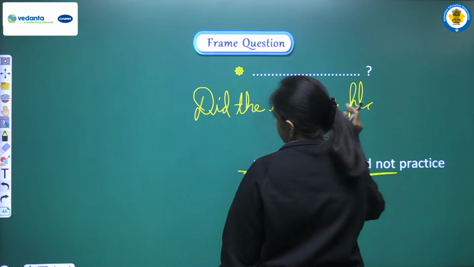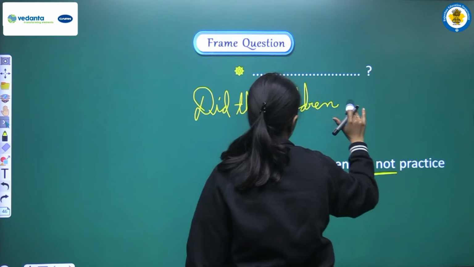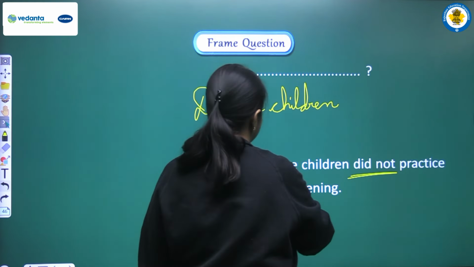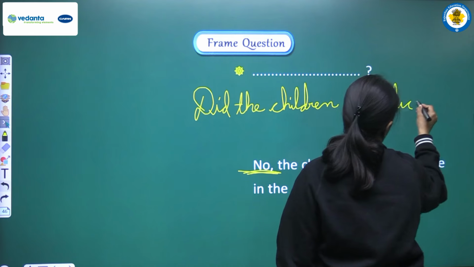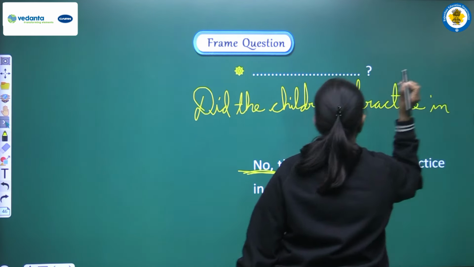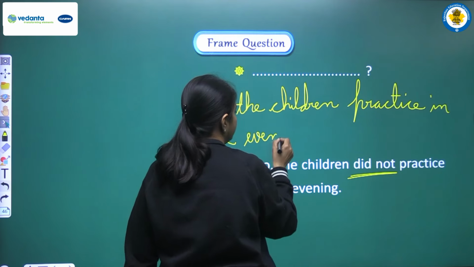Did the children practice in the evening? This will be the question. Did the children practice in the evening?